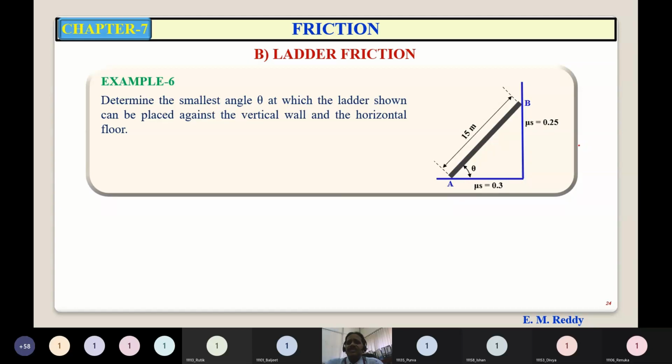If at all it has to slip, it will slip downwards only: B tends to slip down and end A tends to slip towards left. So accordingly, you have to show the friction forces opposite to the direction of impending motion.